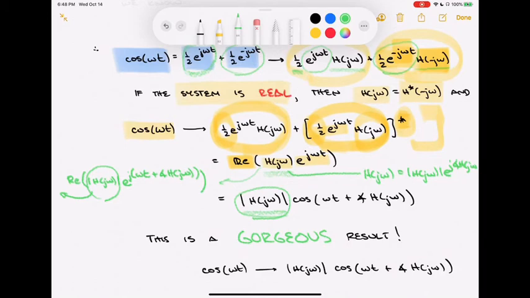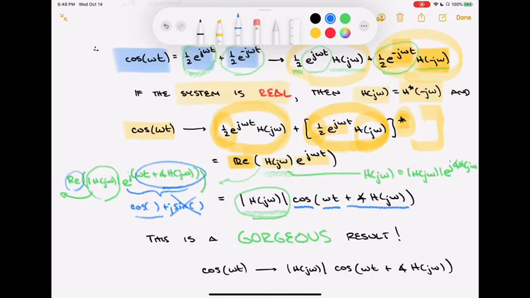The real operator is stripping away all the imaginary stuff. What is the remaining part? What is an e to the j anything? We're going to get a cosine of that stuff plus j sine of that stuff. And if I'm looking at just the real part of that, we ignore the j sine stuff and we just get a cosine. So I'm going to get cosine of what is the argument: omega t plus angle of H of j omega.